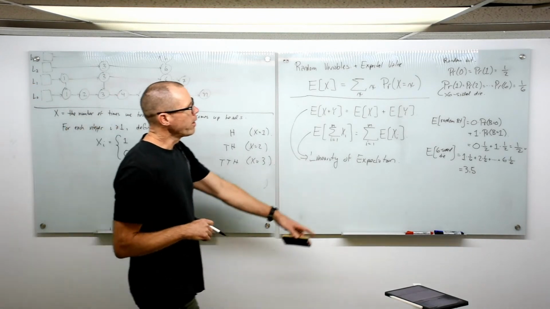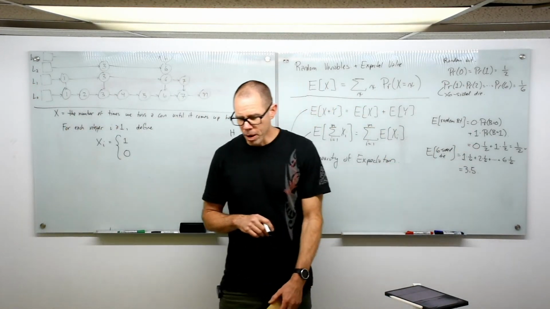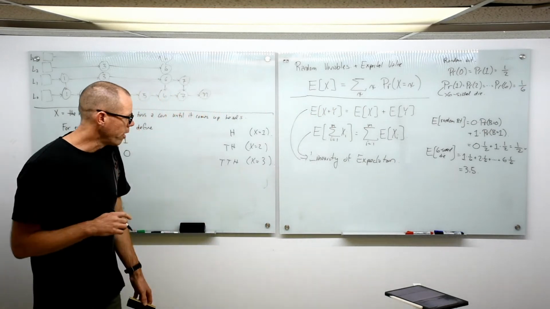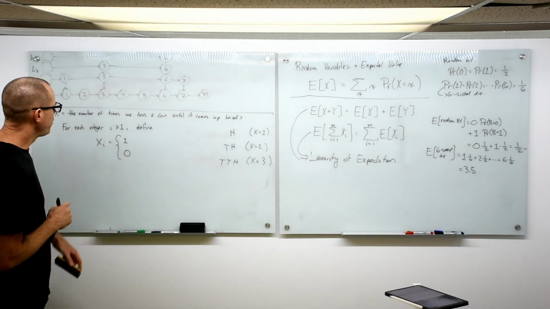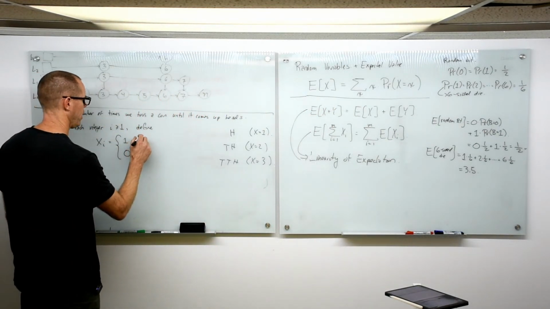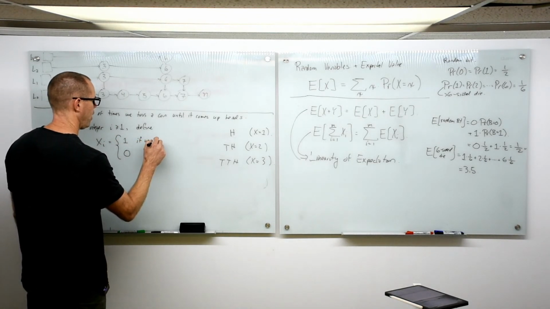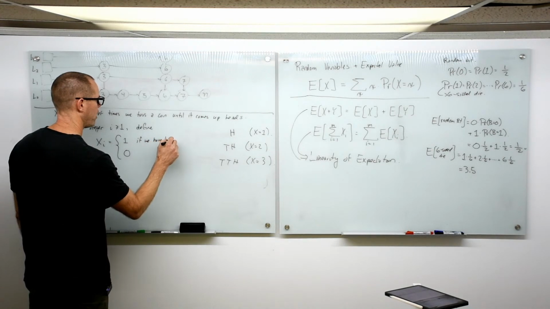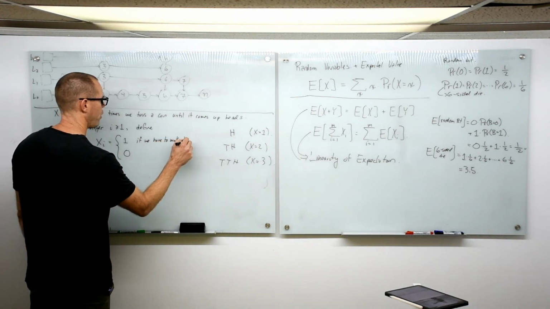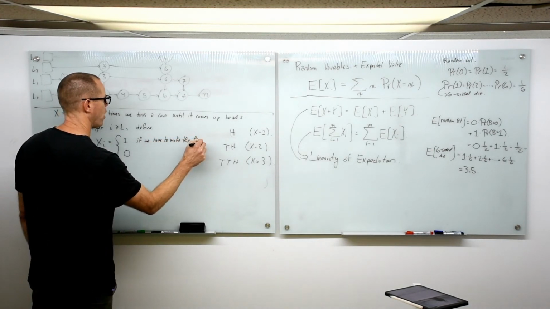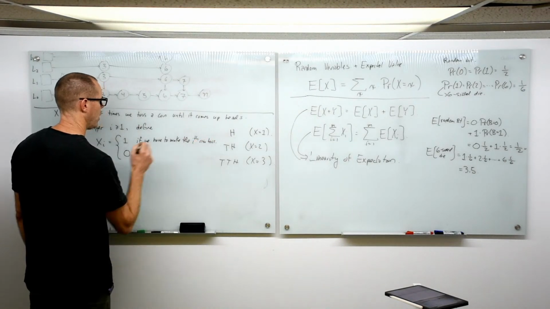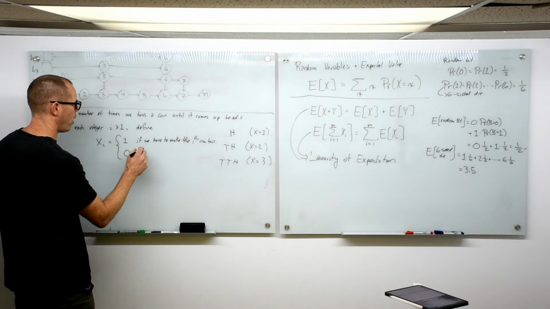So it's going to be like a random bit, but maybe not evenly distributed. And it's going to be 1 if we have to make the ith coin toss, and it's 0 otherwise.